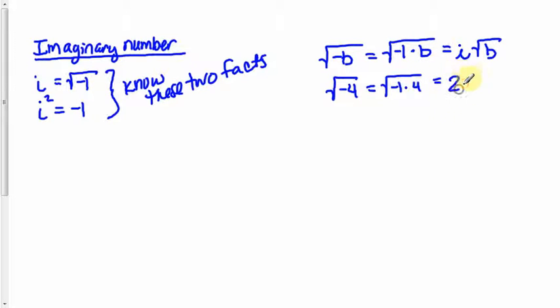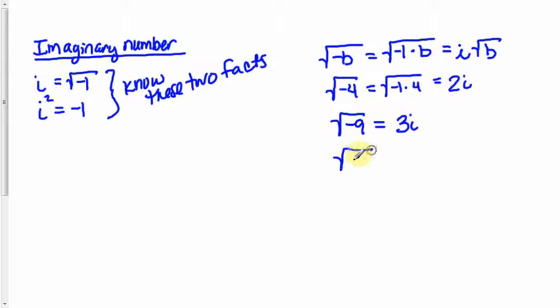So your answer is 2i. The square root of -9. I bet you can tell me the answer without showing the work this time. What is it, Antonia? I heard you say it. It's 3i, right? Okay. The square root of 9 is 3. The square root of -1 is i.